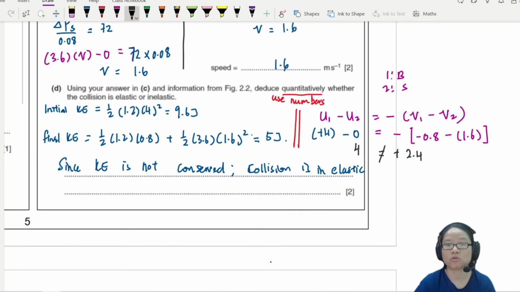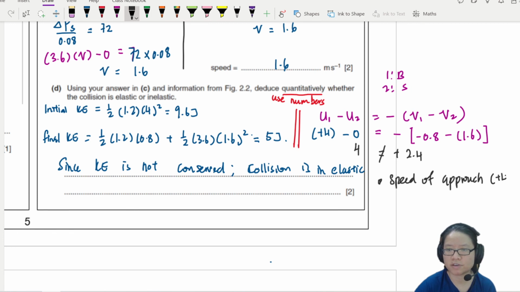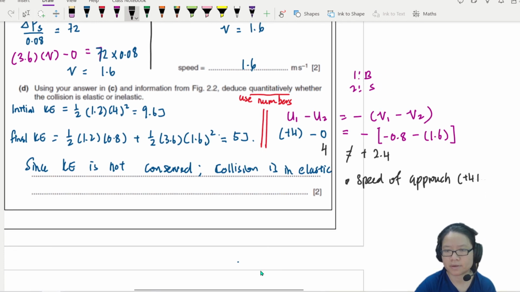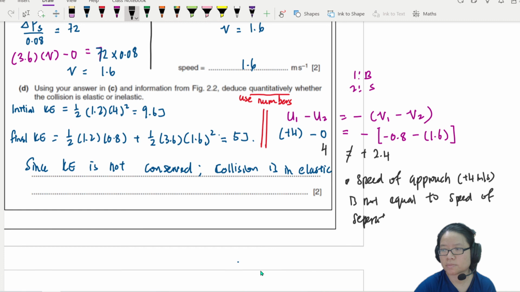So your conclusion could be, always make a conclusion, okay? You could say that the speed of approach, which is positive 4 meter per second, is not equal to the relative speed of separation, positive 2.4 meter per second.